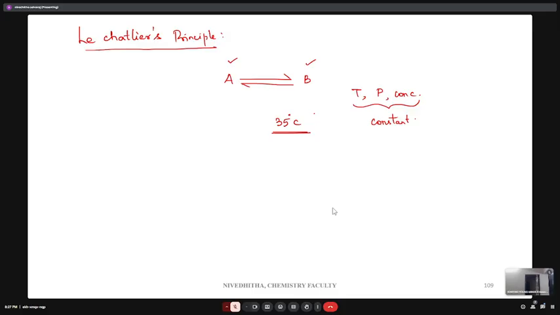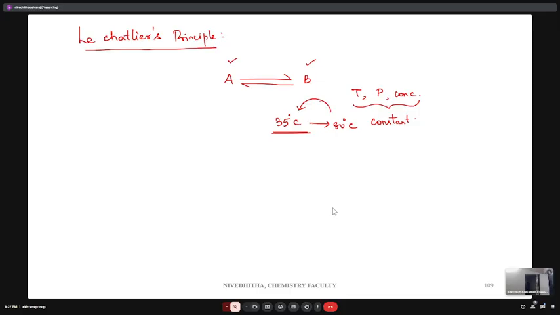So the reaction will nullify the disturbance. If suppose by heating the system, I'm raising the temperature from 35 to 80 degrees Celsius, this is actually the disturbance. So this reaction will move either in the forward or backward direction to bring the temperature again to 35 degrees Celsius.